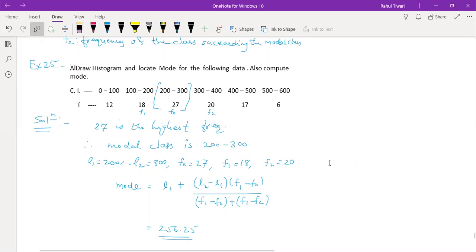Now, this is by the calculation method. You try to get approximately the same answer using the graph method. So how to get it using the graph method, that we will see.